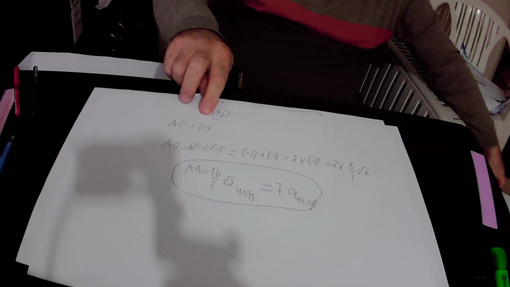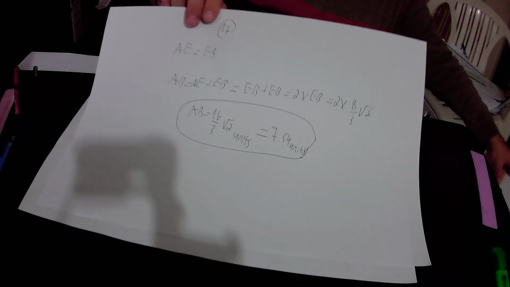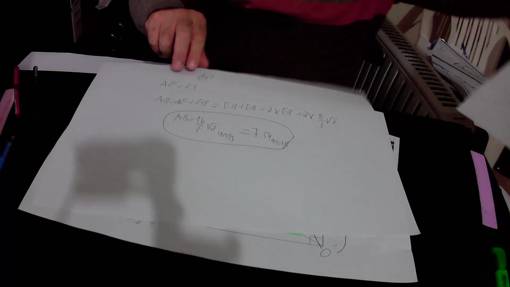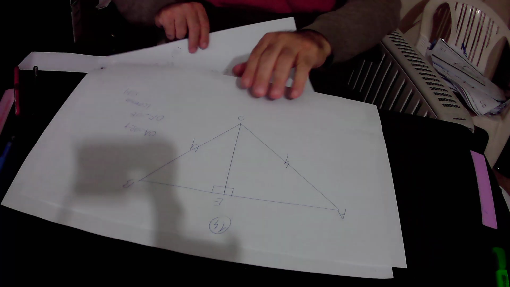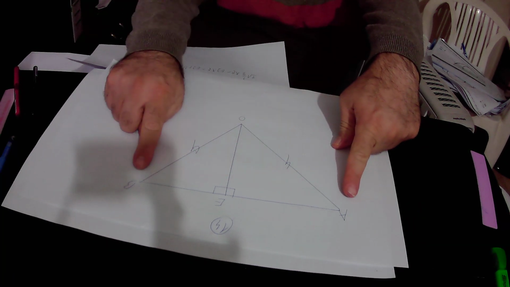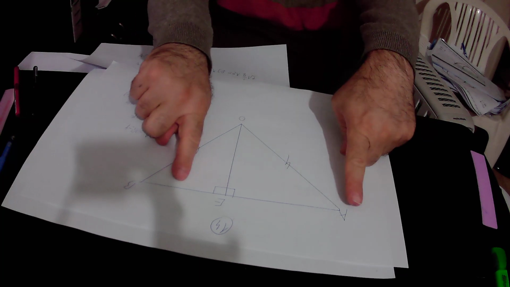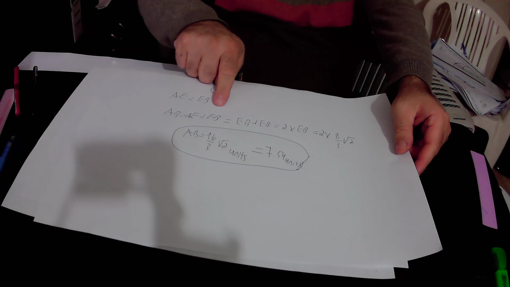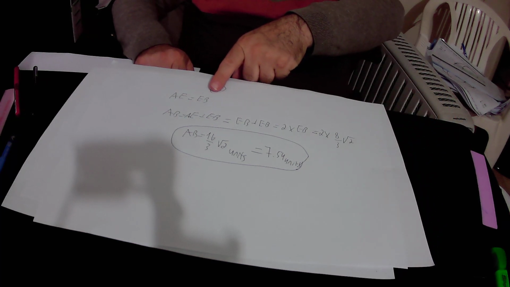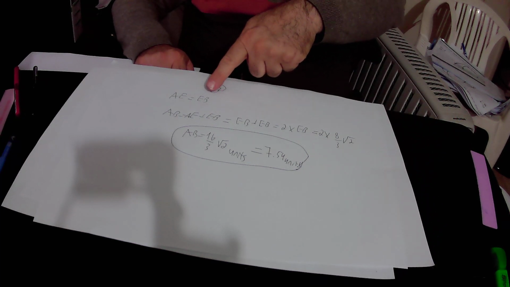And what is the value of AB? You can see from the drawing that AB equals AE plus EB. We know that AE equals EB, so we can substitute AE by EB.